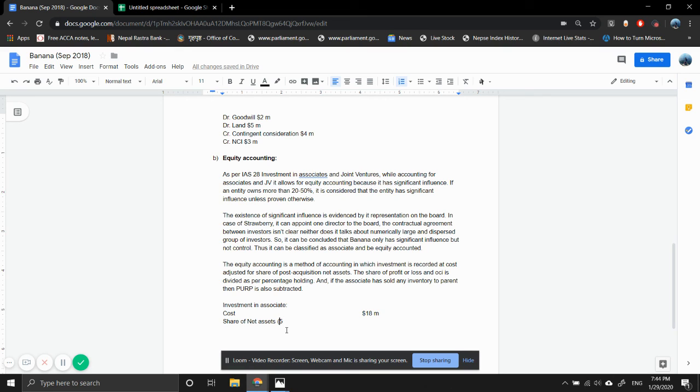We need to do something else as well: 40% into 50 minus 44, because our holding percentage is only this much.